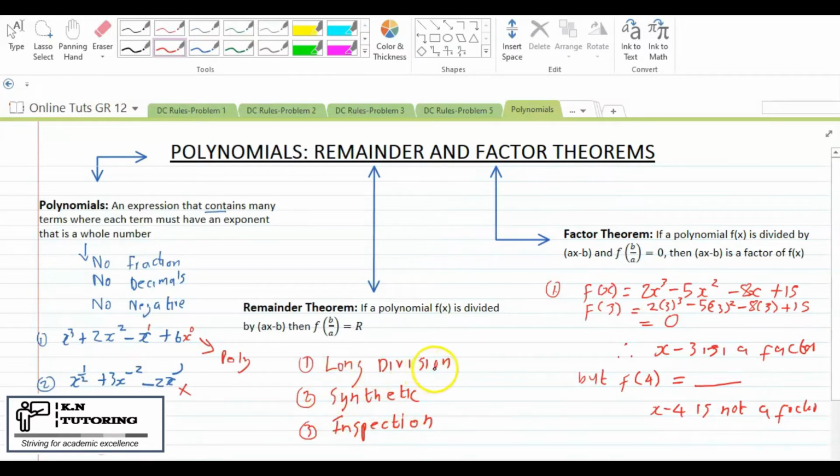Long division, I don't like it, but for the purpose of explaining to you, I will also be tackling it and showing you how you can apply it. But at the end of the day, it's a matter of which one you prefer. You are not forced to use long division, synthetic or inspection. You just have to use one of them.